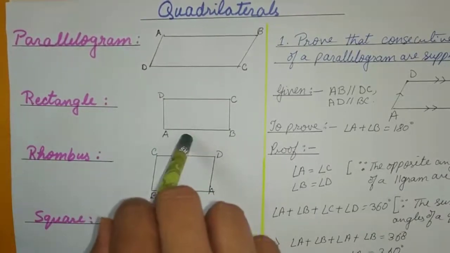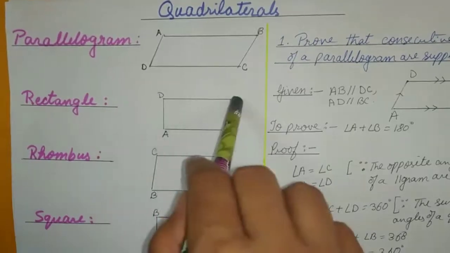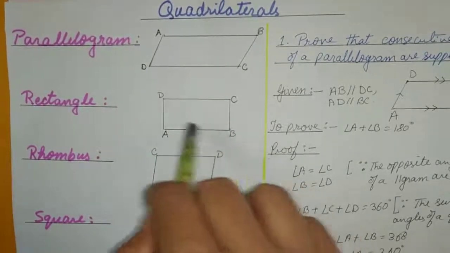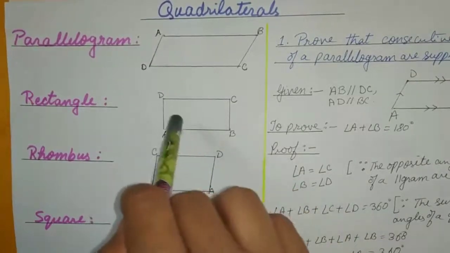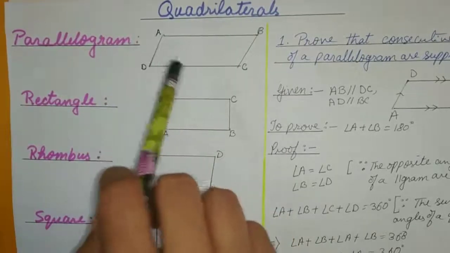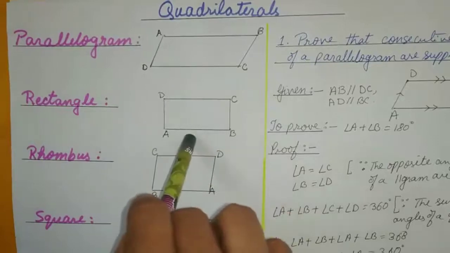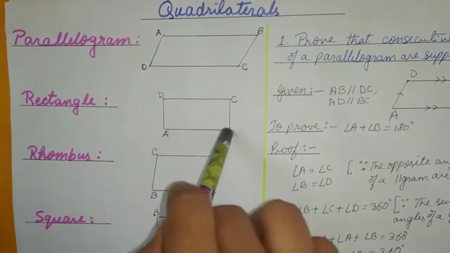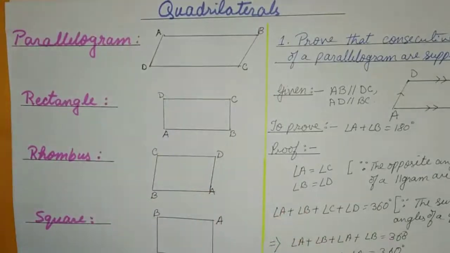In a rectangle, the diagonals are equal. If you have AC and BD joined, AC will be equal to BD and they will bisect each other, like in a parallelogram. In a rectangle, the difference is the vertices, that is, each angle is equal to 90 degrees.